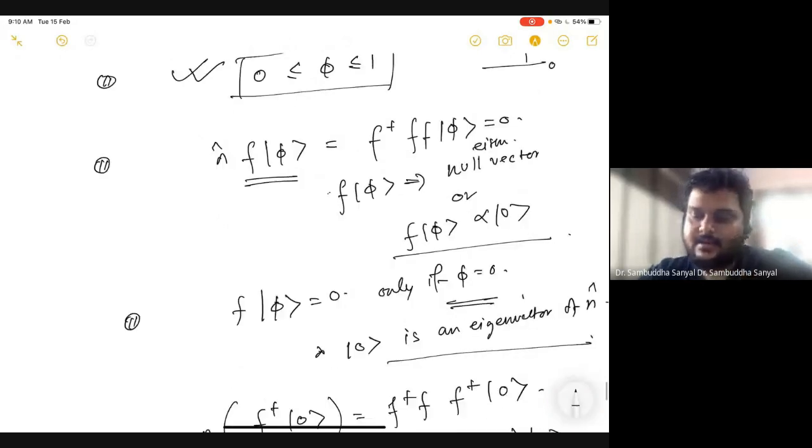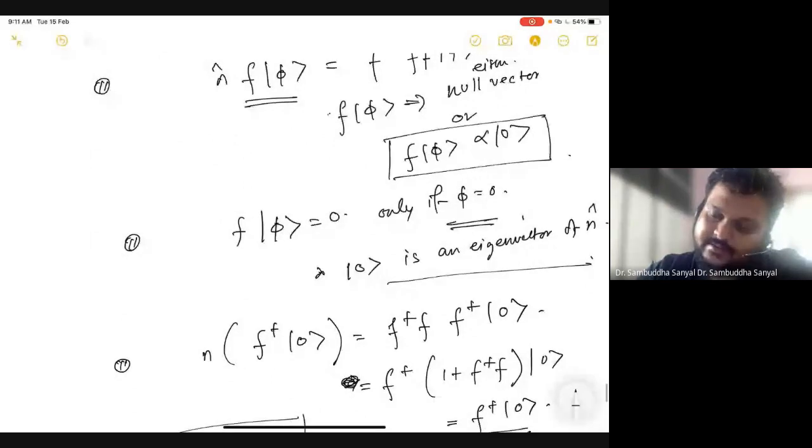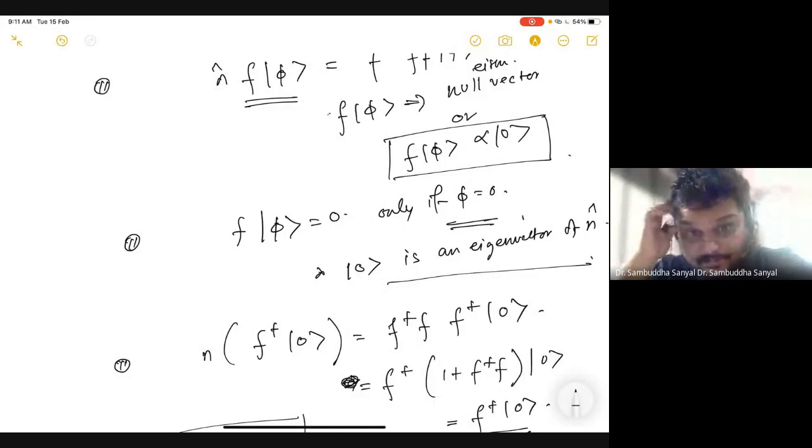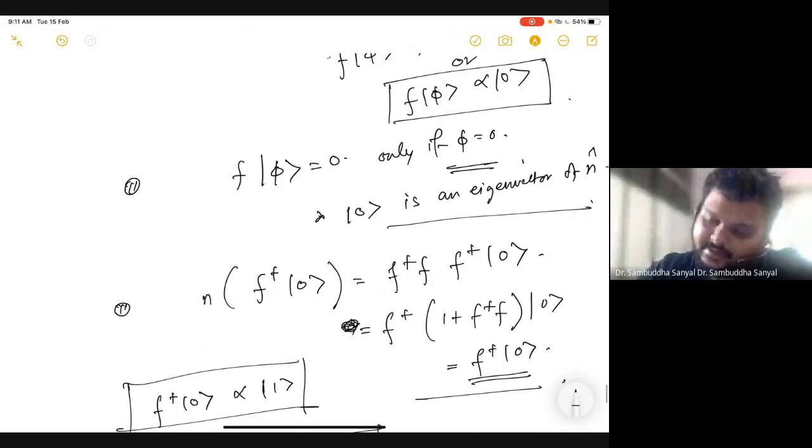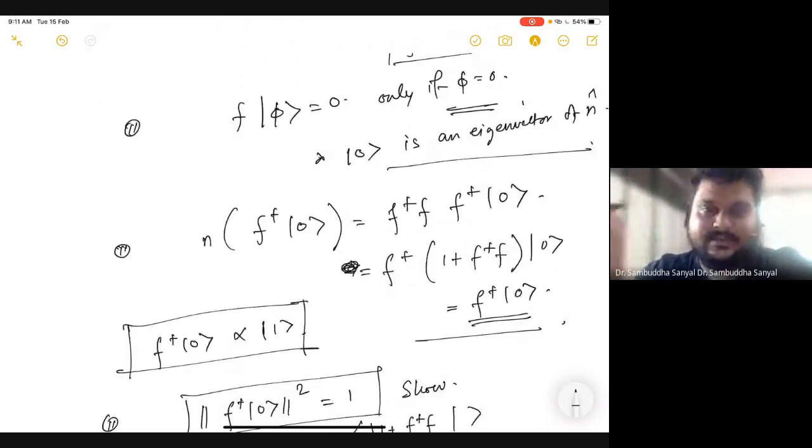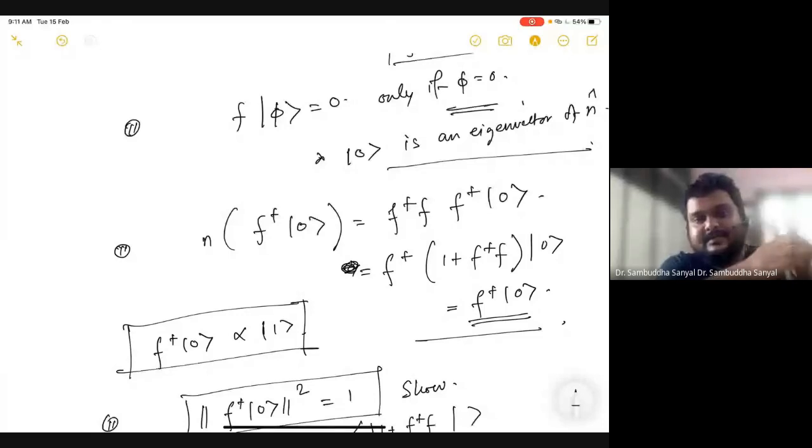Okay. Now what about this? Did you understand that f phi is 0? It is exactly an analogy of the previous argument. And n f dagger is 1. There is nothing new in this argument as before. Is everybody clear up to this?